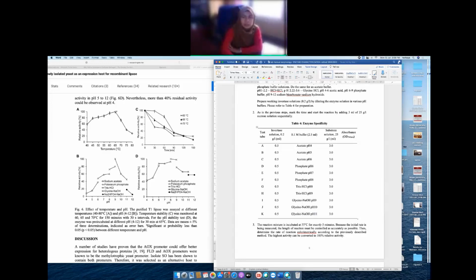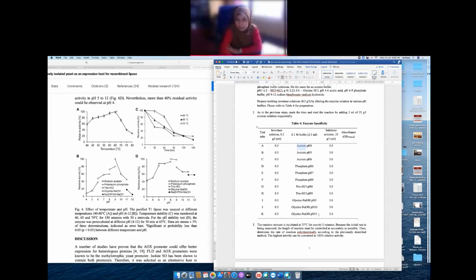For example, glycine NaOH cannot drop to acidic because the nature of glycine is already alkaline. It's a basic characteristic. For acetate, we cannot force it to become basic because acetate is acidic, so we cannot change it to basic.